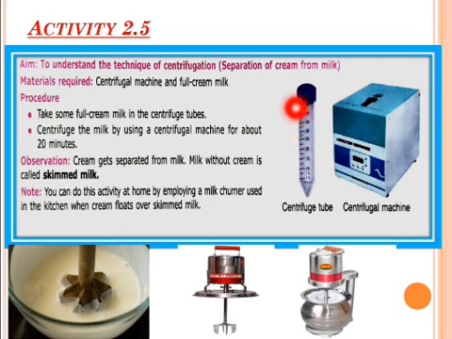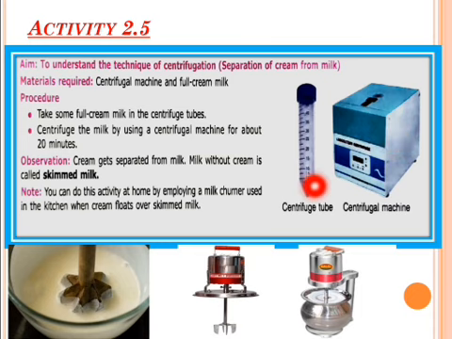Here the full cream milk is taken in centrifuge tubes and these tubes are placed in the centrifugal machine, which is rotated at a very high speed for about 20 minutes.